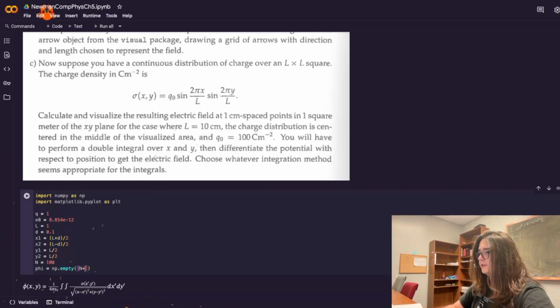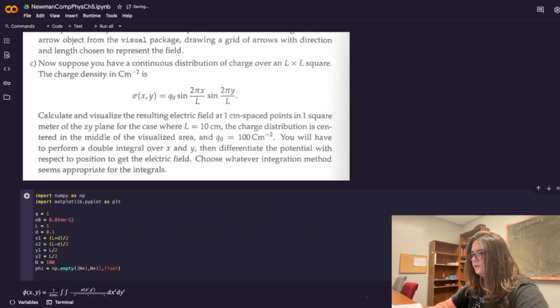It is n plus 1 because it has to include the x equals y equals L points, so it has to be that specific shape. You can index up to there, and that's n plus 1. The data type will be floats.